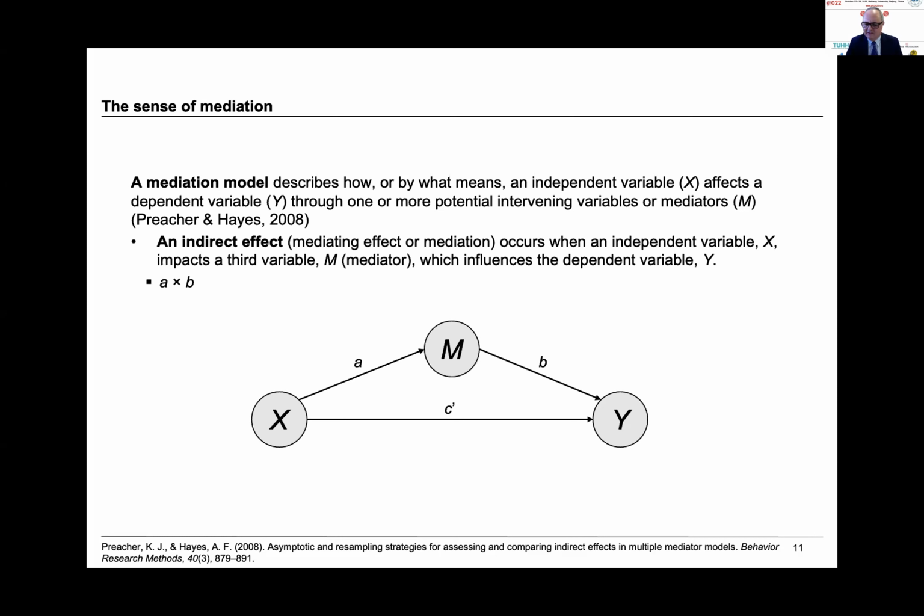In this respect, an indirect effect, also called a mediating effect or mediation, occurs when an independent variable X impacts a third variable M, or mediator, which influences the dependent variable Y. And the indirect effect is described by the mathematical expression A times B.